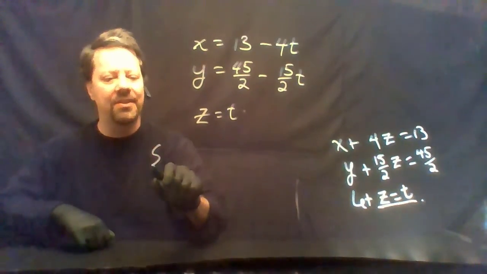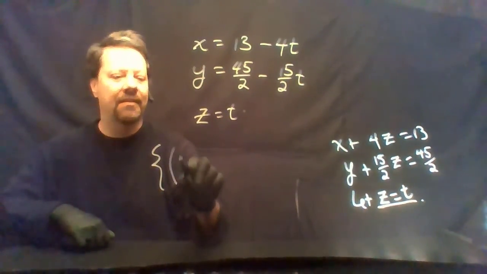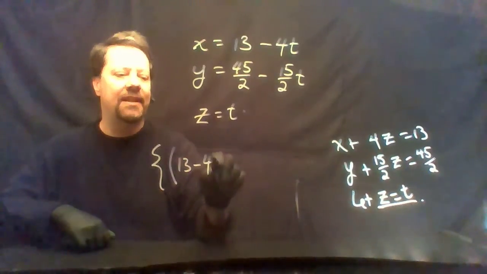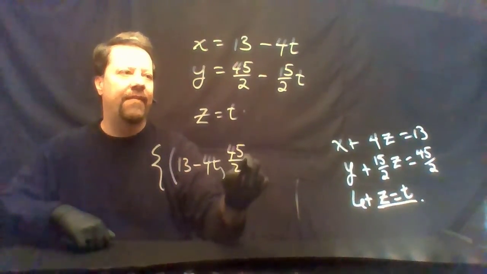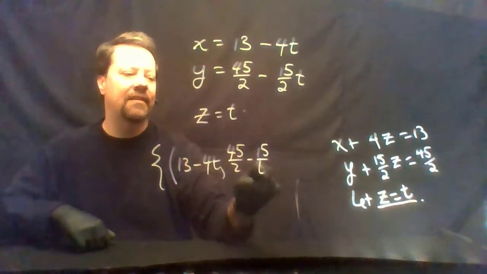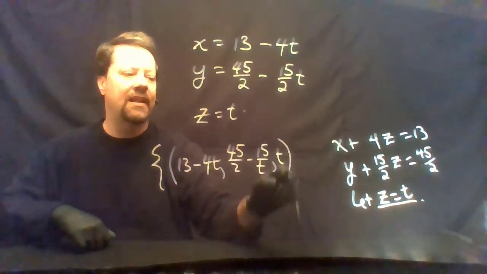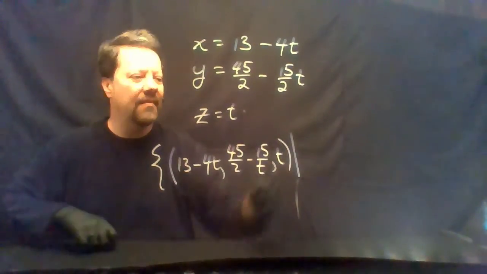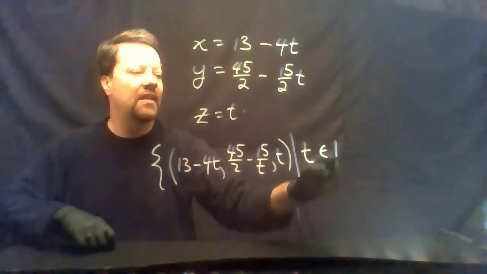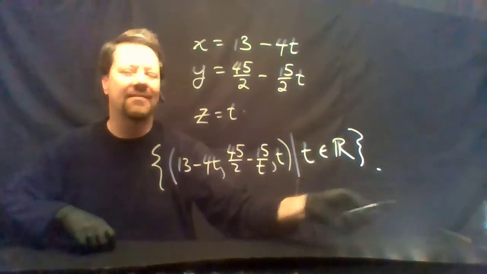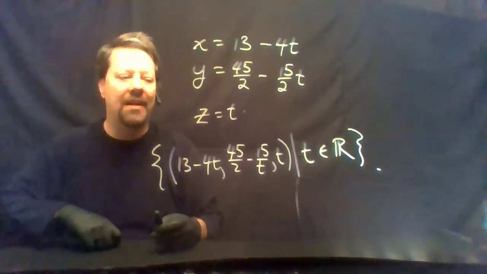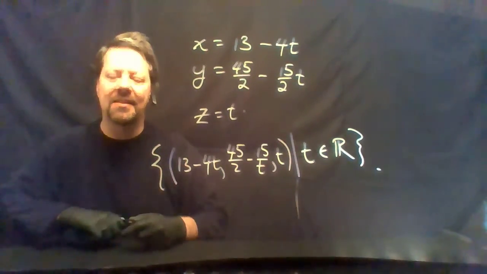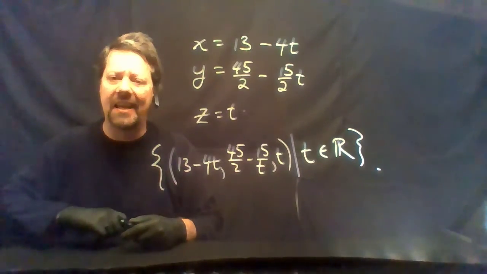Our solution set will consist of points 13 minus 4t, 45 halves minus 15 halves t, and t, where t is an element of the set of real numbers. We get an infinite number of solutions. In fact, you might recognize this as the parametric form of a line in space.